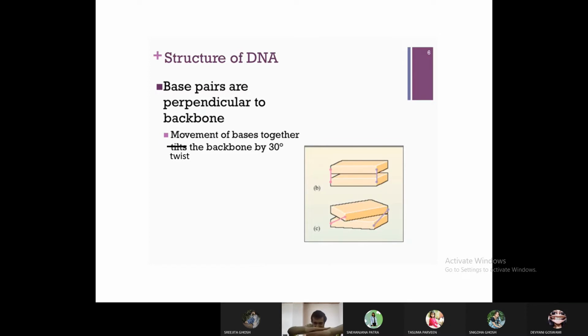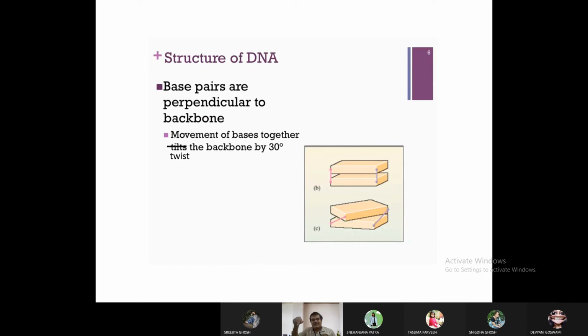So these two bases take an angle of 30 degrees. So in each base pair on top of each other, the sugar phosphate backbone can take a little bit of twist against each other. So per base pair the twist is 30 degrees.